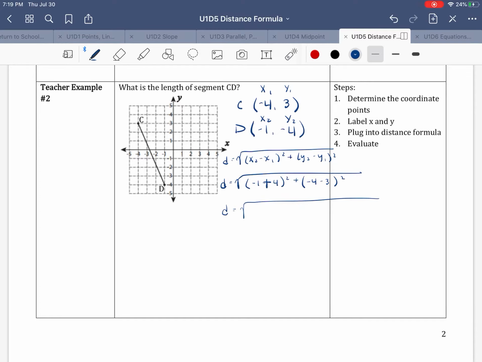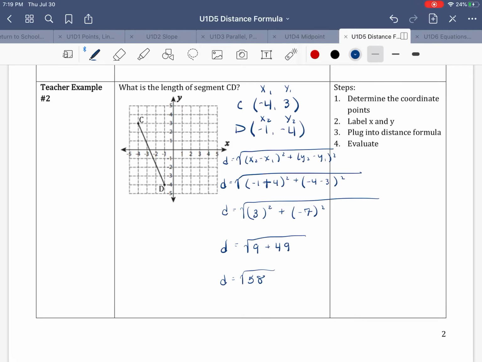We know that the minus and negative becomes a plus, so we end up with 3 squared plus -7 squared. Distance equals a square root of 9 plus 49. Distance equals a square root of 58.